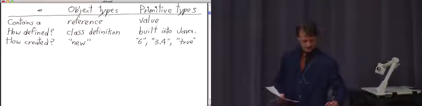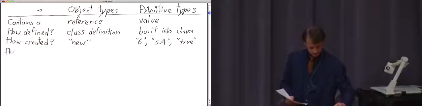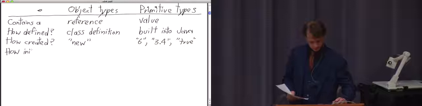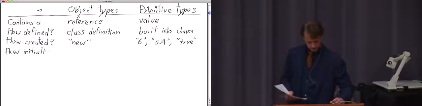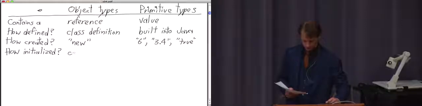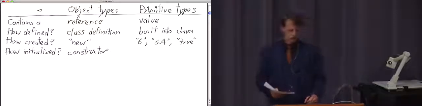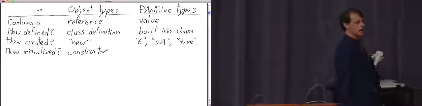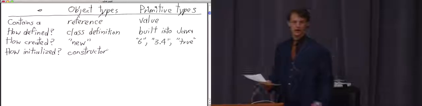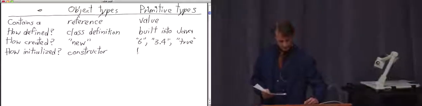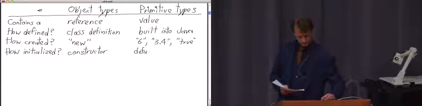How are they initialized? Well, object types, the constructor initializes them. Primitive types are usually given some default value, which is usually some version of 0.